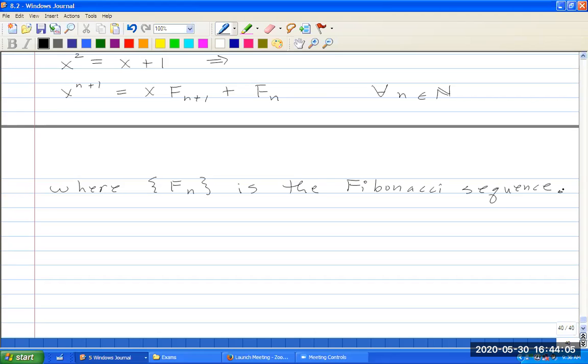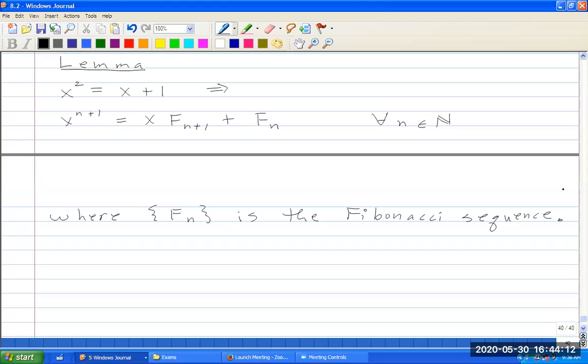So I want to show that anytime I have that x satisfies the equation x squared equals x plus 1, I must have that x to the power n plus 1 must equal x times f sub n plus 1 plus f sub n for the Fibonacci sequence.